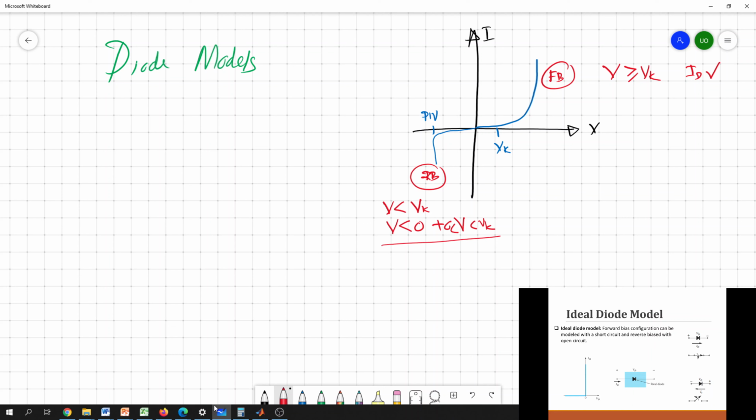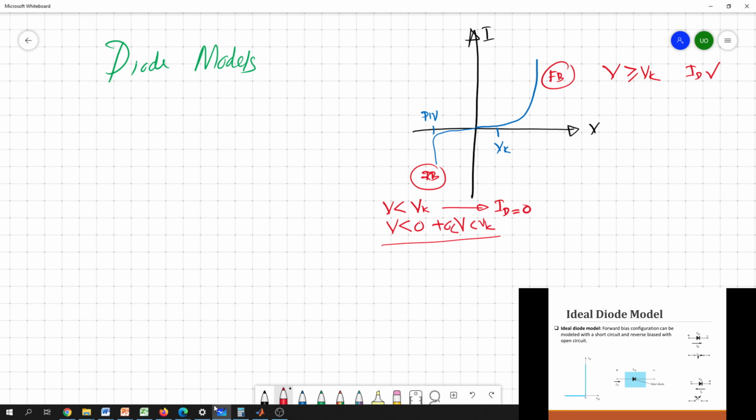So in general, the applied voltage across the diode is less than Vk. You can't see any diode current, ID is 0, and this is reverse bias.